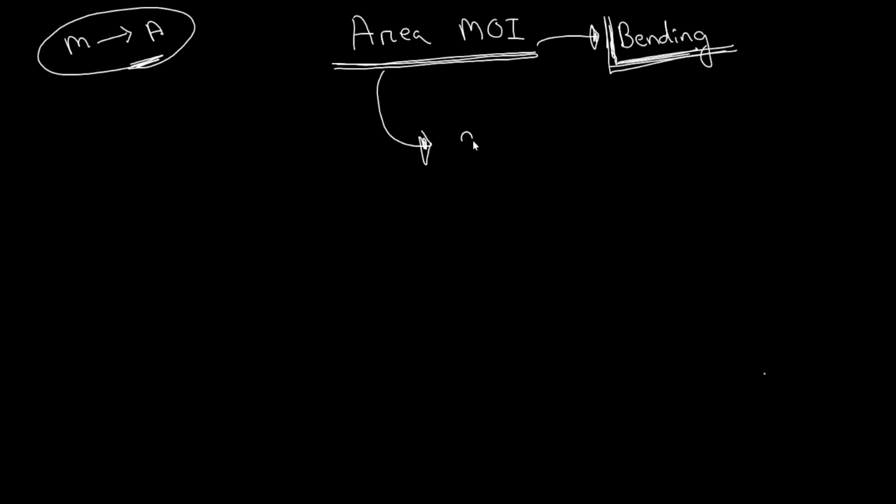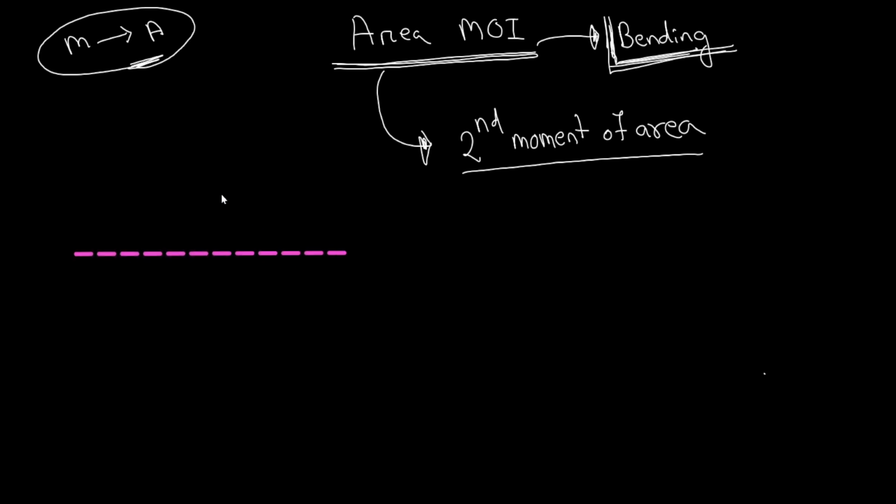Here you have to take the second moment of area. In the mass moment of inertia, we are taking the second moment of the mass. Here we will take the second moment of the area. The concept is the same. I'm taking two axes: suppose this is the x-axis, this is the y-axis.